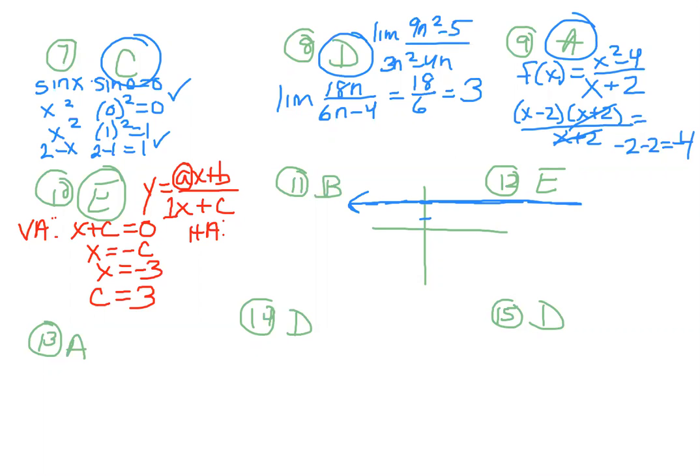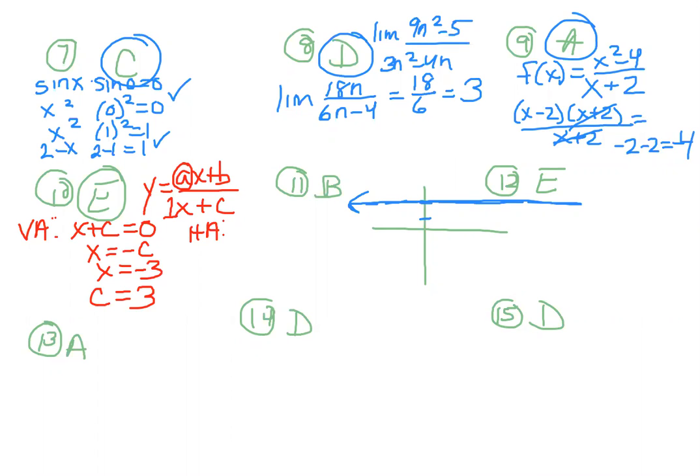No, because it's an asymptote, so it can't equal 2. F of x doesn't equal 2 for all x greater than or equal to 0. The limit of f of x as x goes to infinity is 2. Yes, that is true. So it's E.